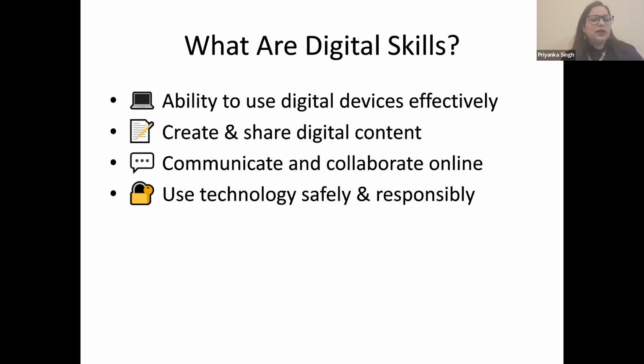So modern times require modern ways of teaching with technology. We can create and share digital content, we can communicate and collaborate online, and we can use technology safely and responsibly. While we are using all these four together, trust me, our life gets a little easier.